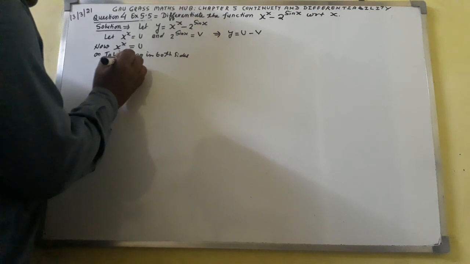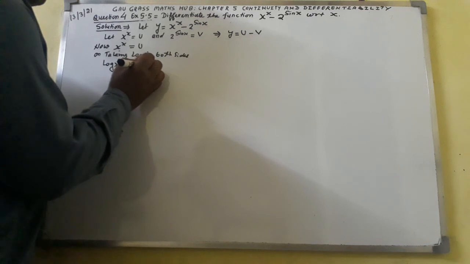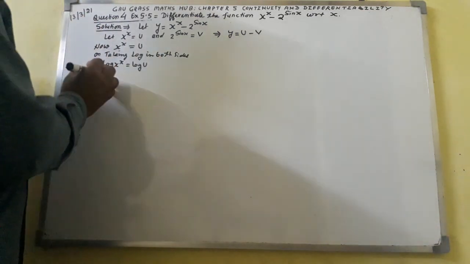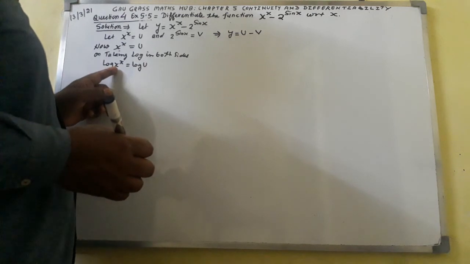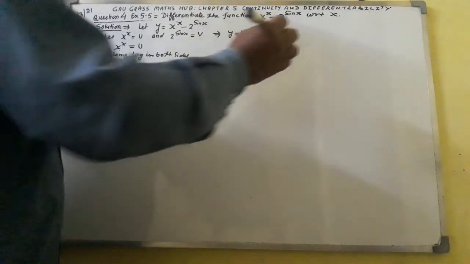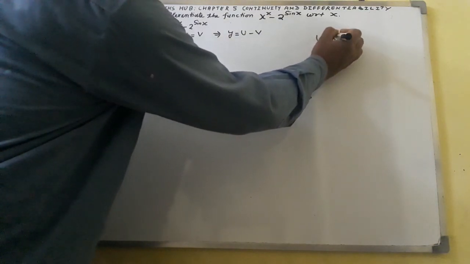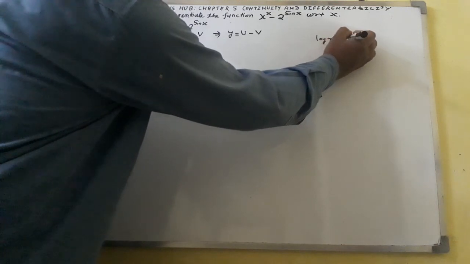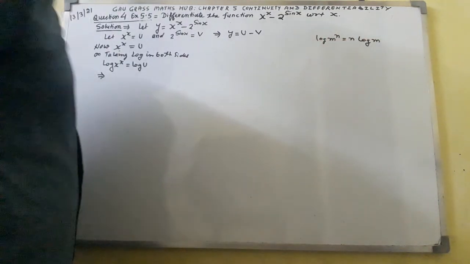log x raised to power x equal to log u. You know the formula log m raised to power n equal to n log m.